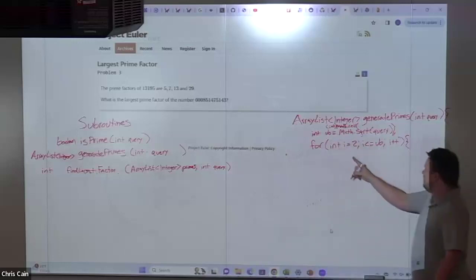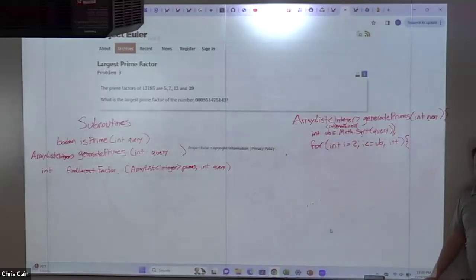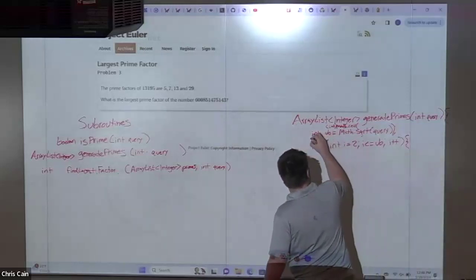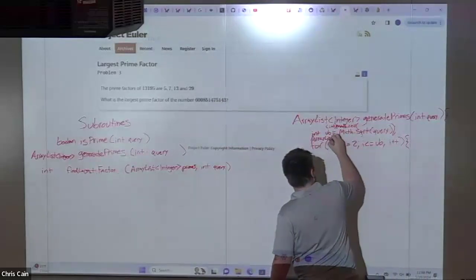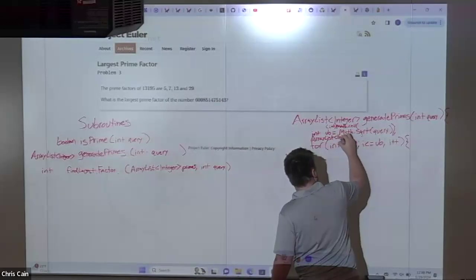All right, we're gonna start with 2, going up to the upper bound. We're gonna need to be able to add all of these to some kind of ArrayList that we should probably have made before we went into the loop. It's gonna get gross, sorry. ArrayList, type Integer.